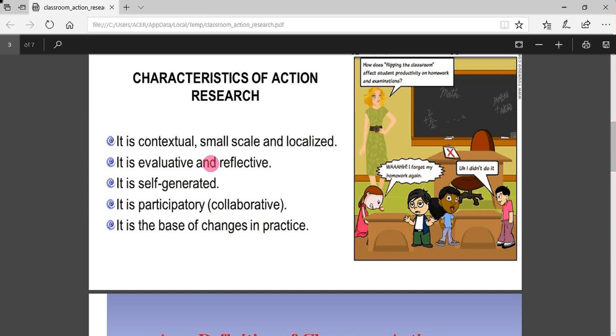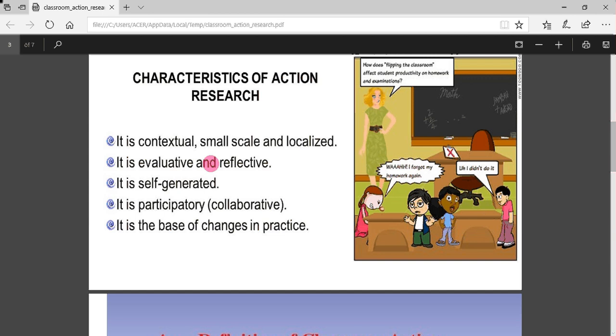Reflection means, because this is a reflection, reflect. You try to take a mirror and you see yourself. What's wrong with you? Maybe something wrong is coming from your performance, from your approach, from your habitual action in everyday practices when you are teaching English.